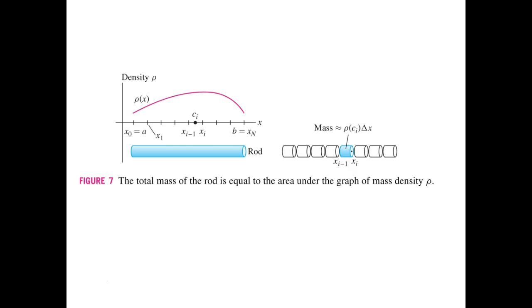It doesn't matter what the shape of that is, but you're integrating this rho of x times your dx, from x equals A to x equals B. That gives you the total mass of the rod by little sections, okay? Summation goes to an integration.